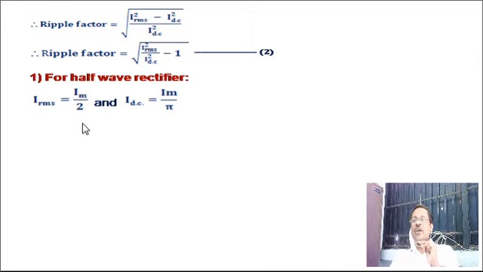For a half wave rectifier, the output is obtained only during the positive half cycle of the input AC voltage. Therefore IRMS is Im divided by 2. The output is obtained only during the positive half cycle, means current conduction angle is 180 degrees, that is pi, and therefore DC current IDC is Im divided by pi.